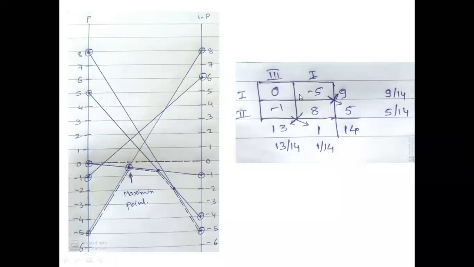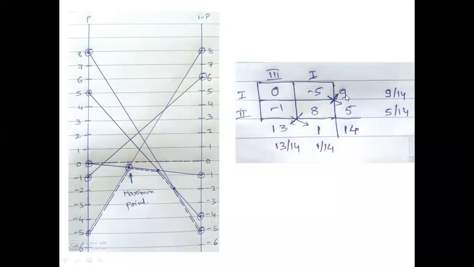Now you can use either of these two methods, odds method or algebraic method, to find out the strategy and the value of gain. For strategy, you can see the probability is 9 by 5. 9 and 5 is 14. Here also 13 plus 1 is 14.